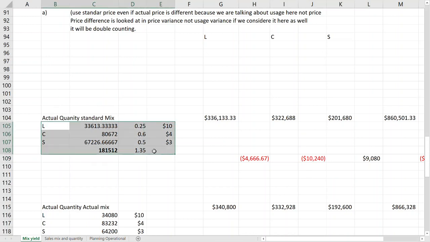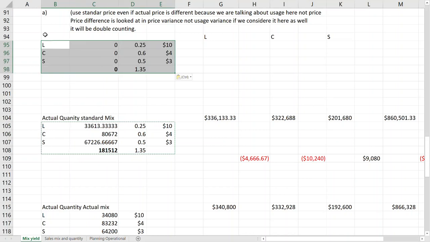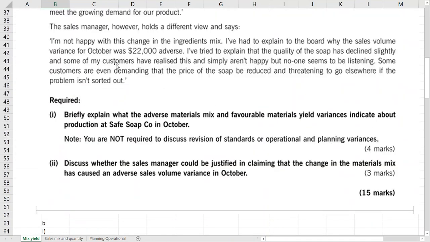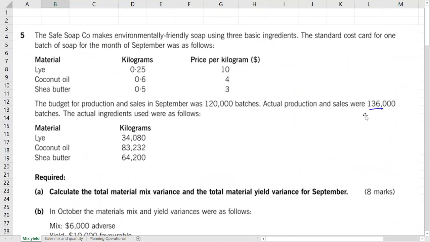If I add something else on the top here, standard quantity, we call it standard quantity, standard mix. Now I want to know, for this output that I have achieved, which is 136,000 kgs, how much of each material I would have used if I had produced 136,000 kgs.